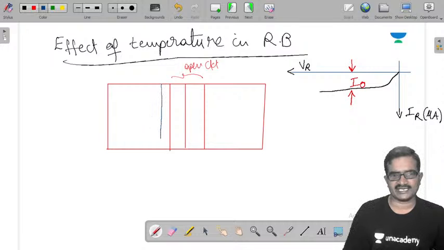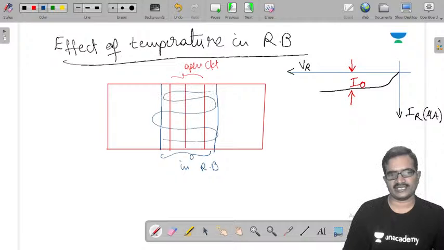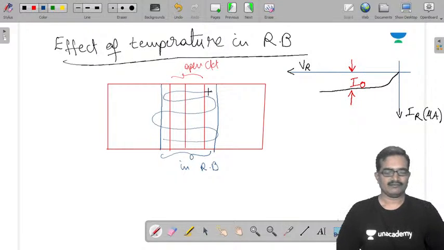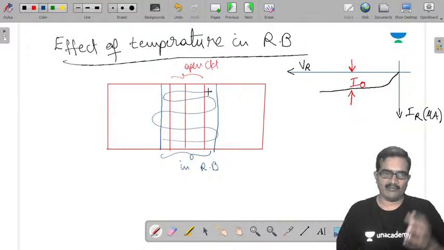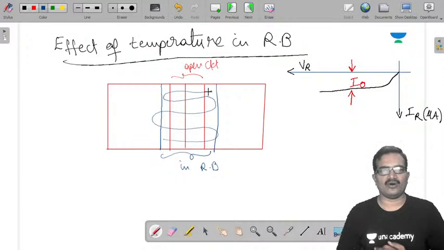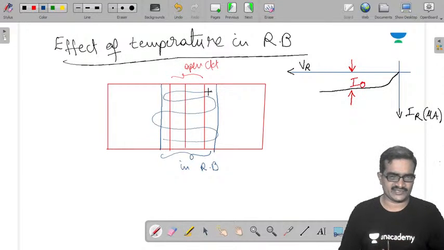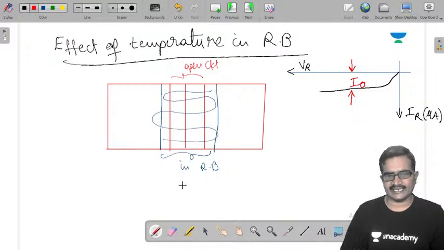Now once it is in reverse bias, what happens? The depletion region width increases. This is under reverse bias, and this total thing is the depletion region. In the depletion region, we have only immobile ions and plenty of covalent bonds between silicon atoms.